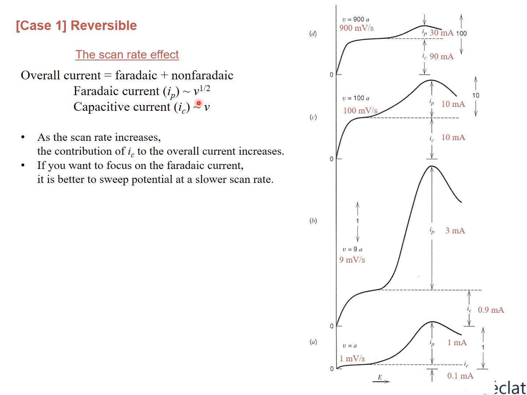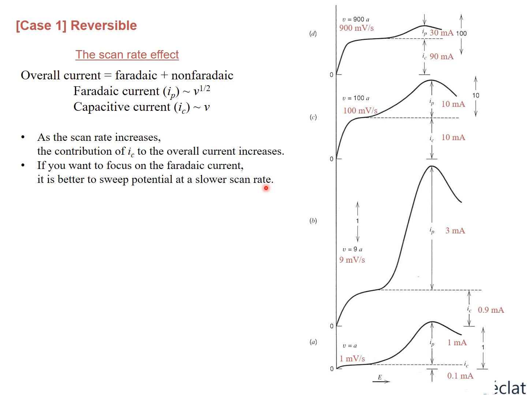I'd like to emphasize the square root of the scan rate. So at high scan rate, the contribution of the capacitive current is going up. Therefore, if you want to focus on the Faraday current, it is better to sweep potential at a slower scan rate. So it is better to use a low scan rate for checking the Faraday reactions.